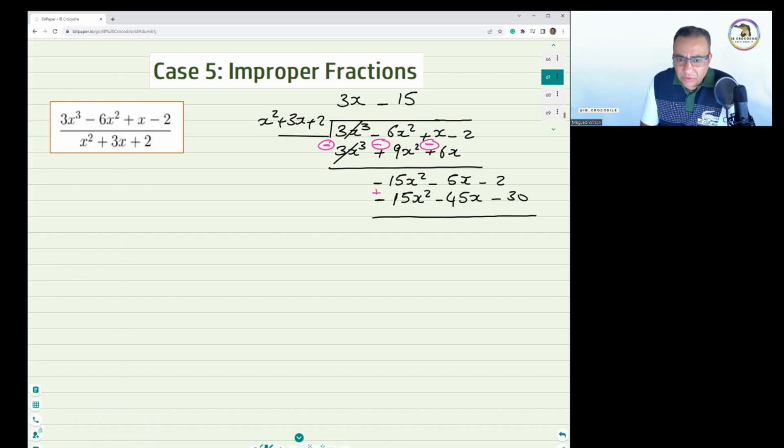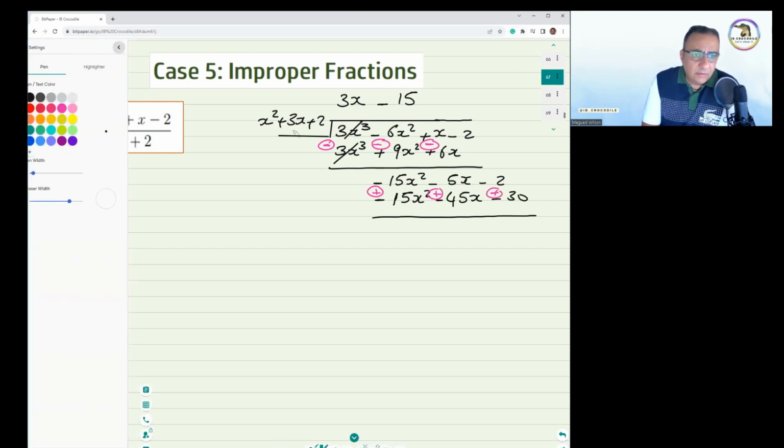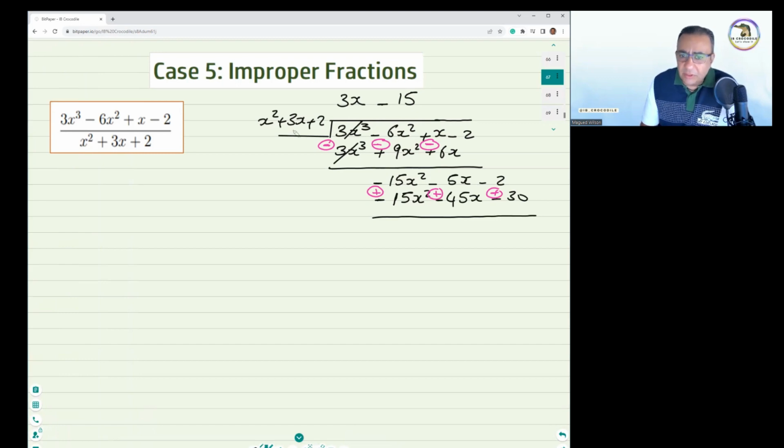So you have here positive, this guy becomes positive, and this sign also becomes positive. And then you just do algebraic addition here. So minus 15 plus 15 cancels out. And then minus 5 plus 45, so that is 40x. And then minus 2 plus 30, so 30 minus 2 is 28. So basically plus 28. Make sense?